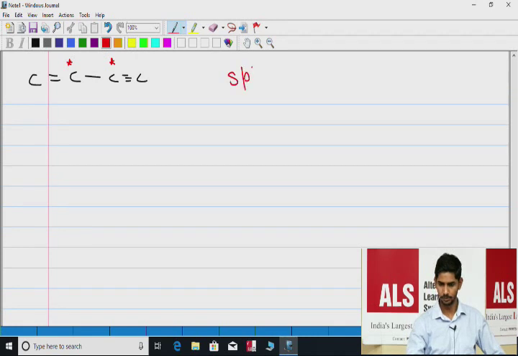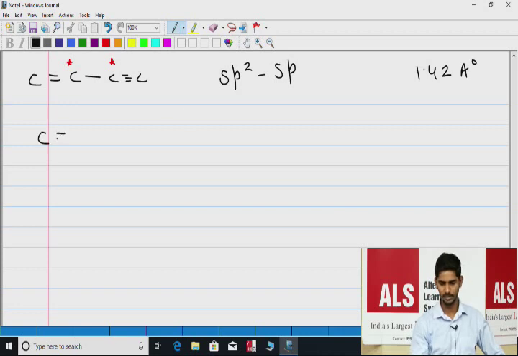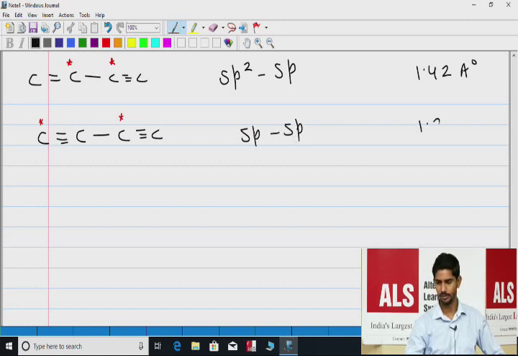This is your sp2 and sp hybridization. Bond length is 1.42 angstrom. Last case is your sp-sp. 1.37 angstrom. I'm giving you a question.